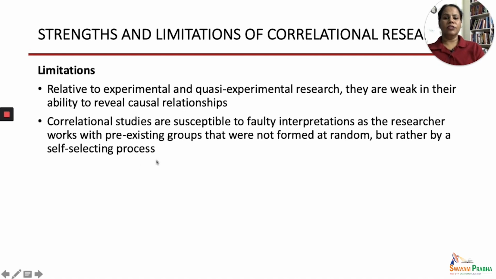The second one is that correlational studies are susceptible to faulty interpretations, as researchers work with pre-existing groups that were not formed at random but rather by a self-selecting process. So particularly here we self-select the groups for our non-experimental research studies.